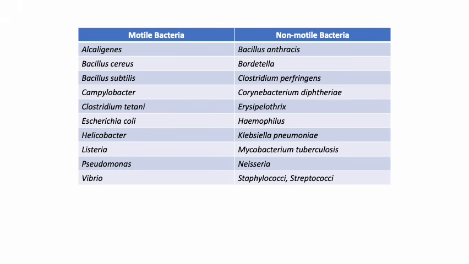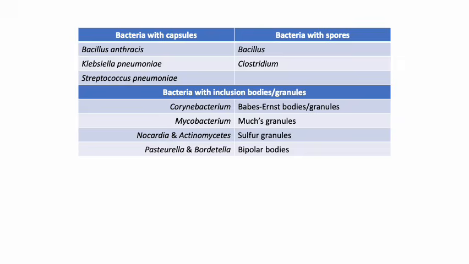For example, Klebsiella pneumoniae is a type of bacteria that is capsulated and it is known as a non-motile bacteria. The commonly encountered capsulated bacteria are Klebsiella pneumoniae, Bacillus anthracis, and Streptococcus pneumoniae. As I mentioned earlier, capsulated bacteria don't have the capability to produce flagella. Hence, they are considered non-motile bacteria.